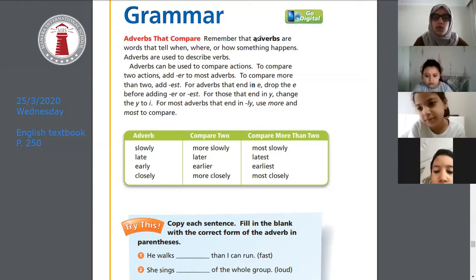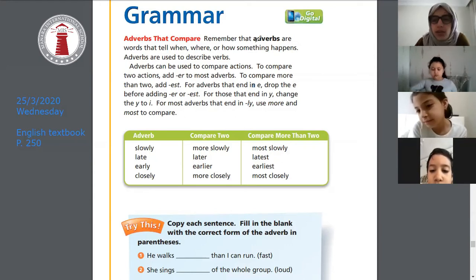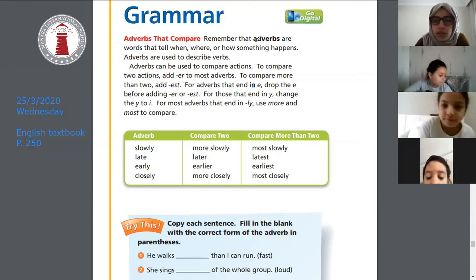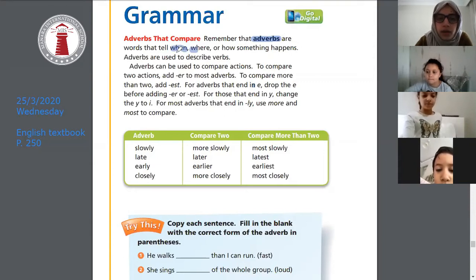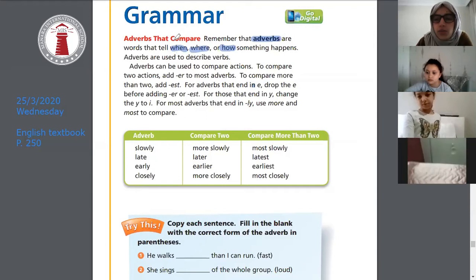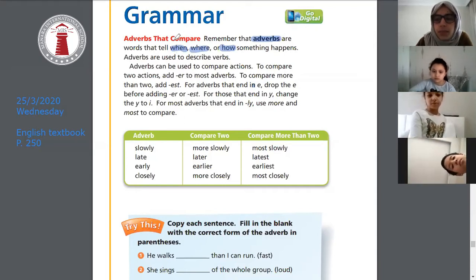So remember, and you can use a highlighter yourself or underline if you like to. Adverbs are words that tell when, where, and how. So they have to answer these questions to become adverbs, right?